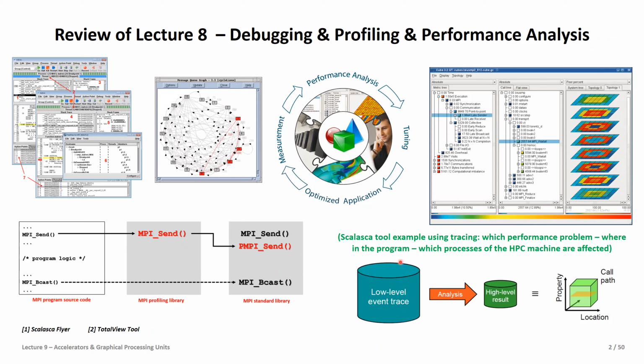But then, of course, we don't identify certain program constructs or patterns that we already had last time, like the late sender or late receiver as one example, which cover your whole MPI program. And this gives you critical insights for tuning possibilities, where lots of time is spent in the application and which performance problem is faced here.